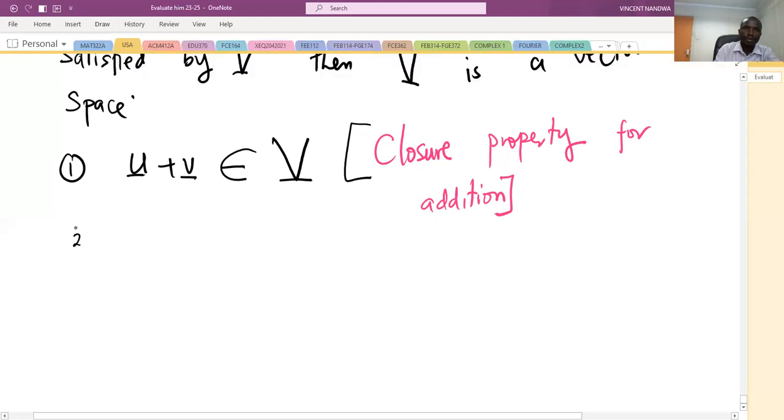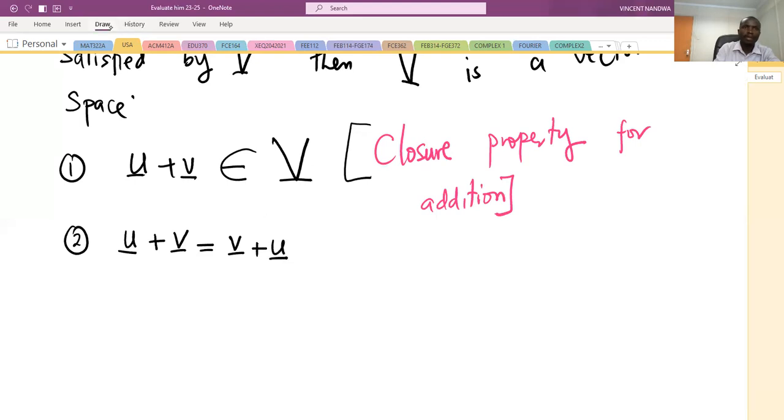Number 2, U plus V is the same as V plus U. This is called commutative property for addition.